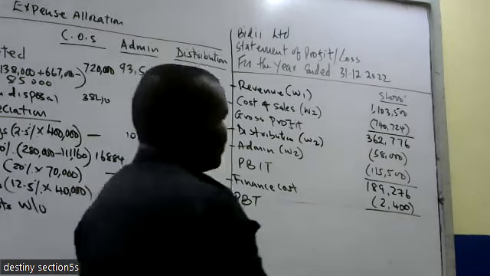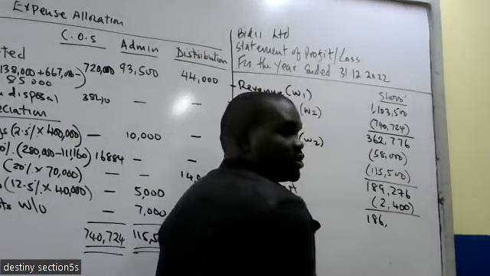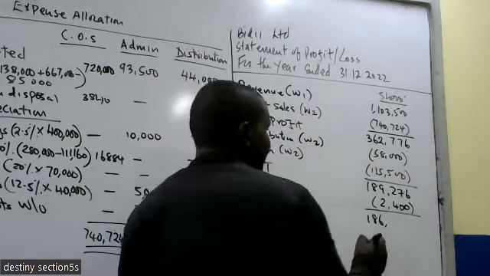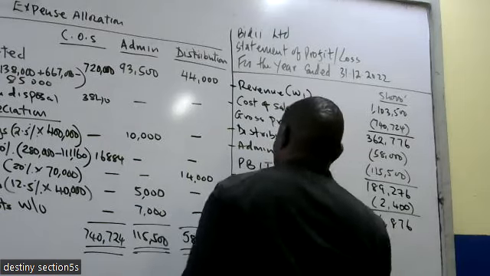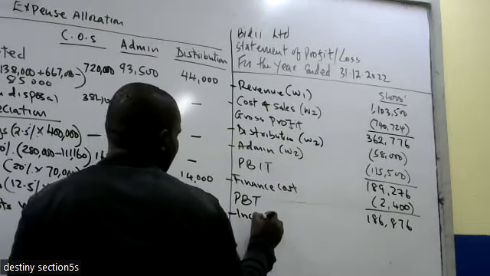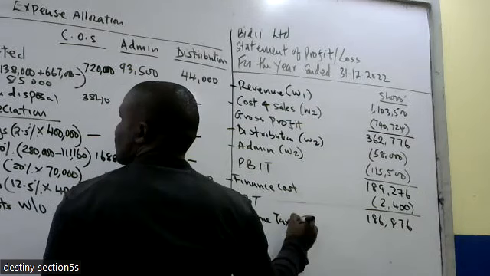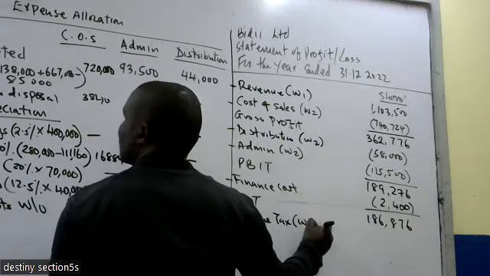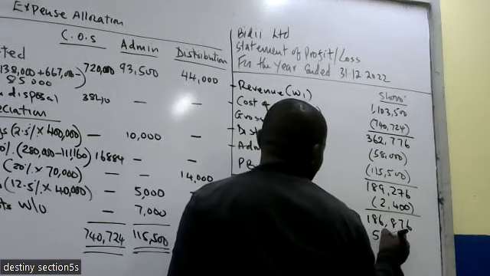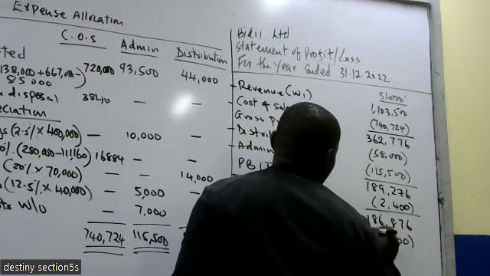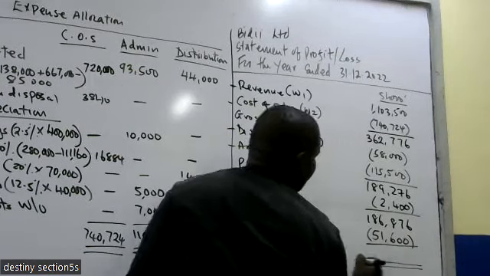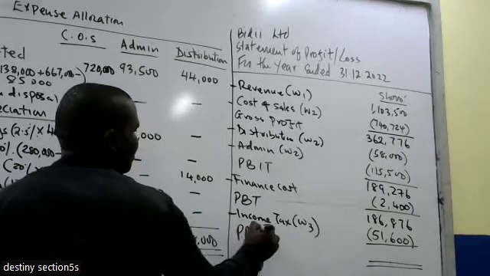186,876. Income tax, working free, 51,600. So profit after tax, it ends there.